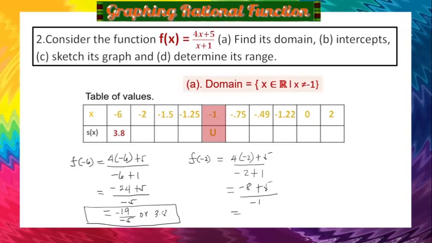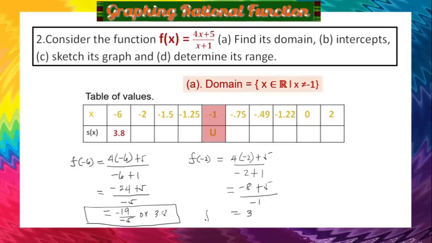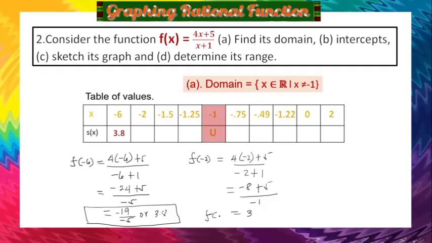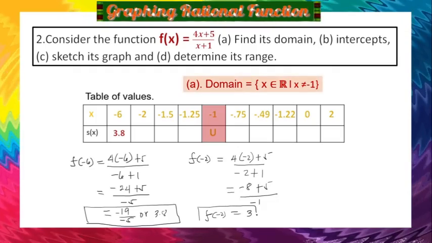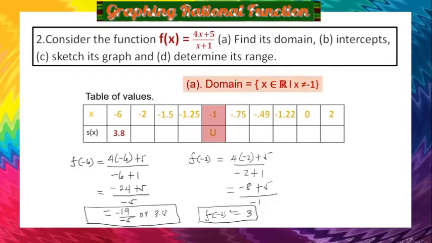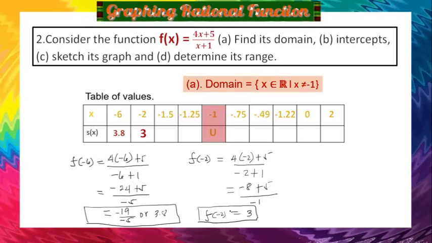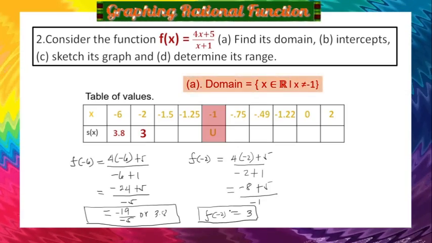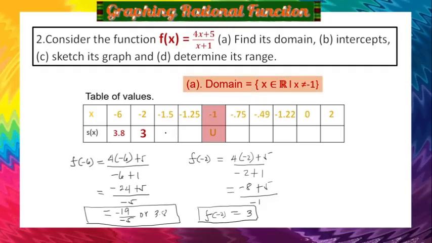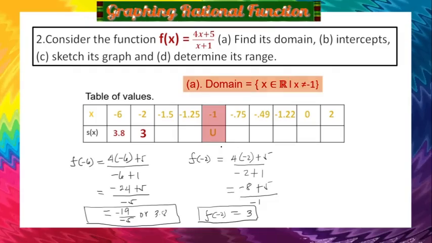Negative 3 divided by negative 1 is positive 3. So your function at negative 2 is equal to 3. So that is how to compute, no? So if you have time, you compute the rest of these values of x to find the rest of the values of the function.